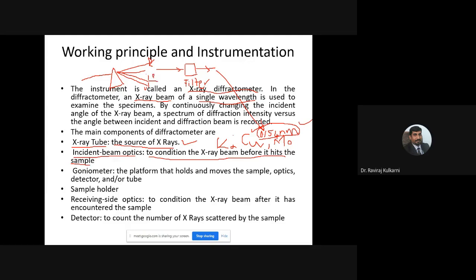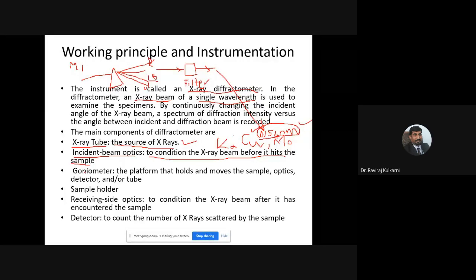I'm selecting only one particular wavelength. That's why it is called a monochromator; monochrome means single color. We can use a prism in the case of visible light, but in XRD we usually use a filter which blocks all the light and permits only this wavelength, so we get monochromatic light.